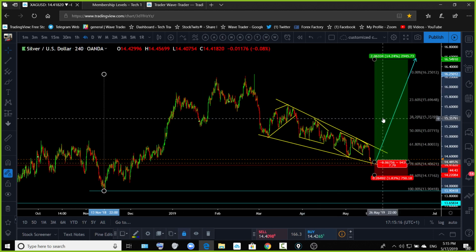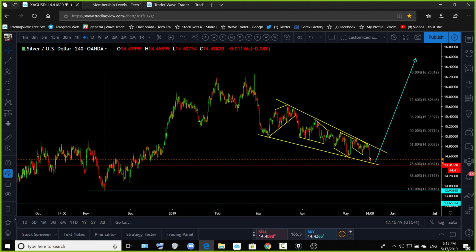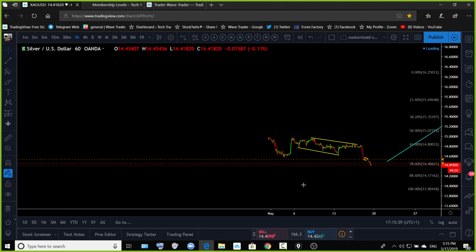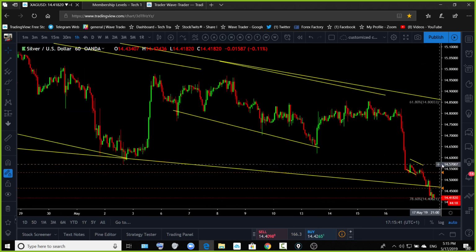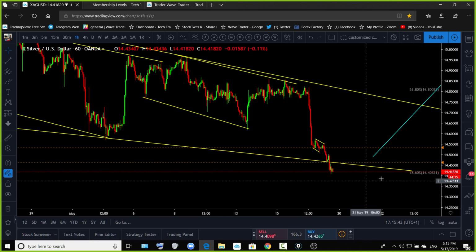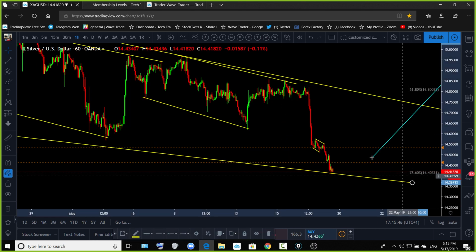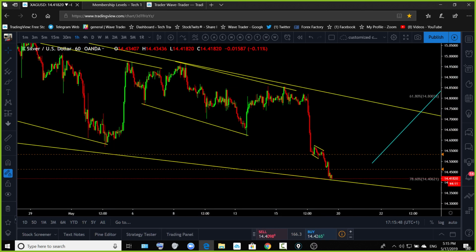So for next week, you're looking for it to either go back up, another move like this, another move like that, or an ABC move like this, and then go lower, or completely reverse the trend, break out of that wedge and continue in that direction. So you're looking for either one more up move within that wedge or a complete reversal. That's going to be a very good trade for next week.